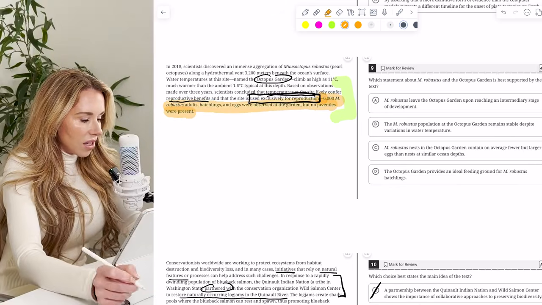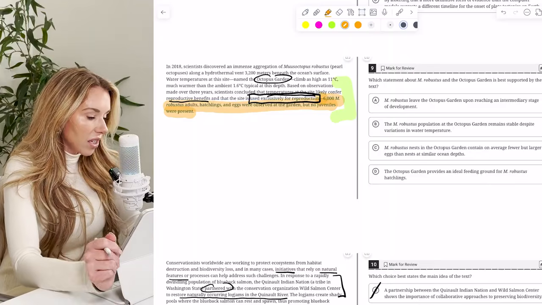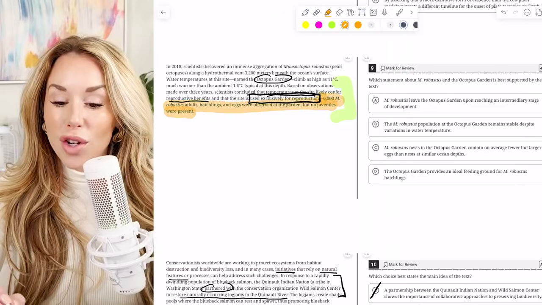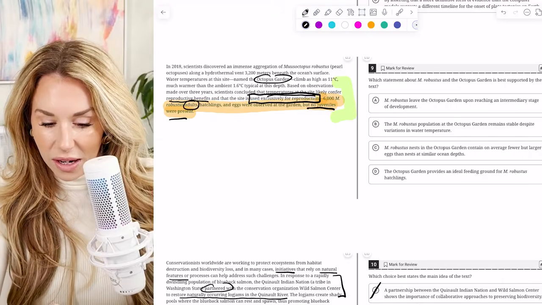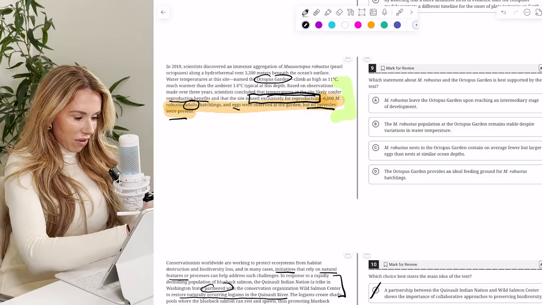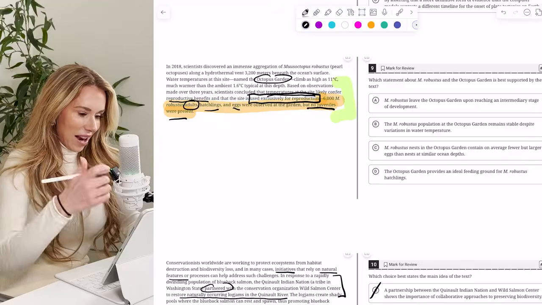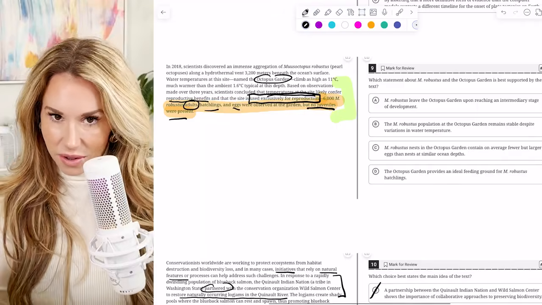So it says 6,000 M. robustus adults, hatchlings, and eggs were observed at the garden, but no juveniles were present. Okay, adults are reproducing. Eggs are what they lay right after. Hatchlings, they just came out of the eggs. There's no juveniles. That's interesting.